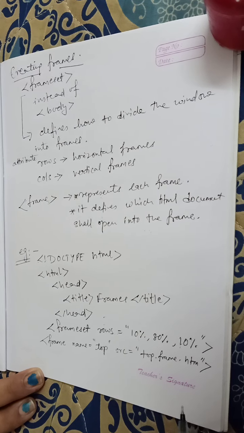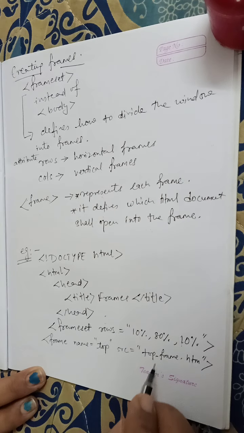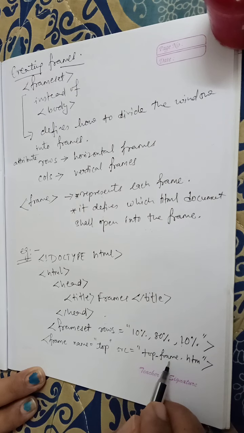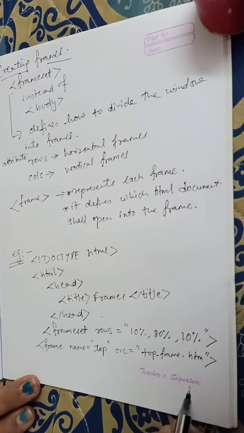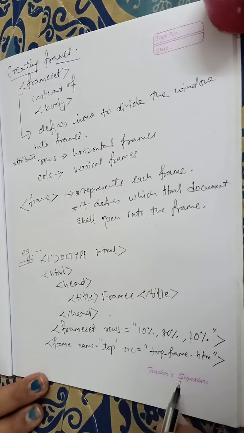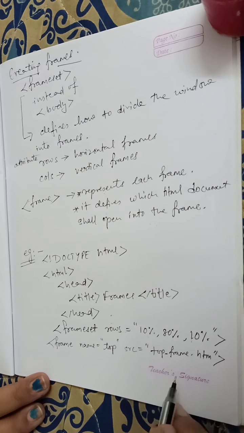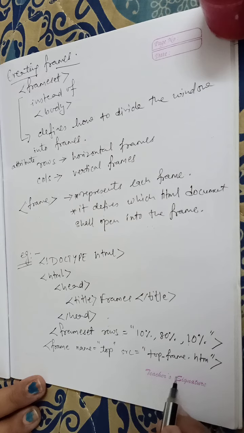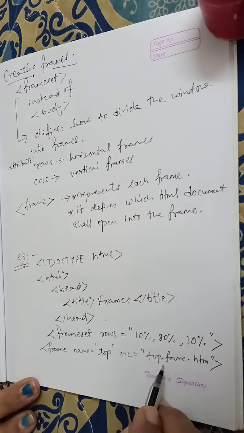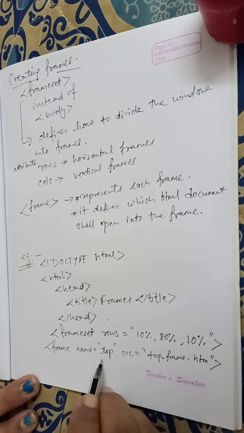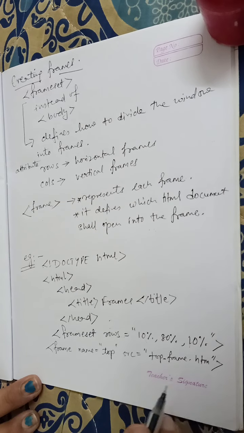Suppose previously I have already created a file whose name is top_frame. That HTML file is already there, or else I'll be creating such a file. Usually, whatever pages are required are created and then we go for frame, but you can go vice versa also, that's not a problem, but the name should match. So the first frame I have mentioned.